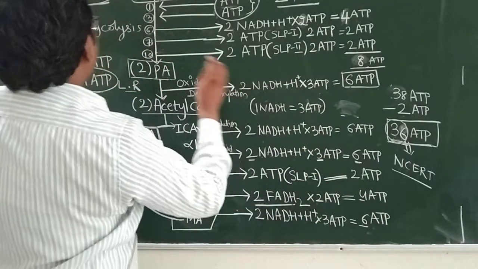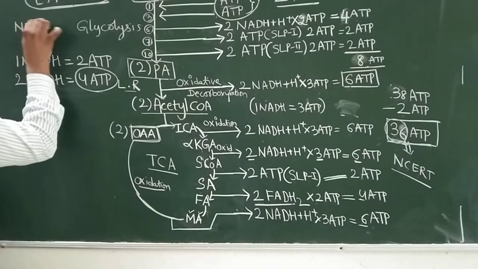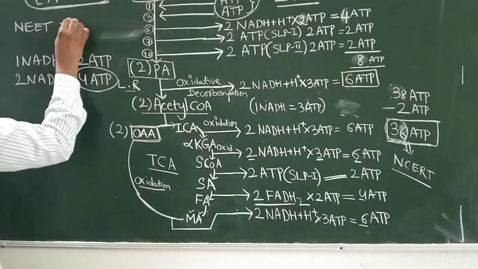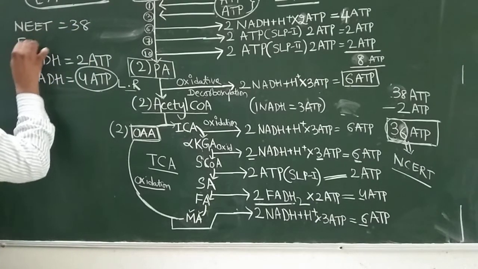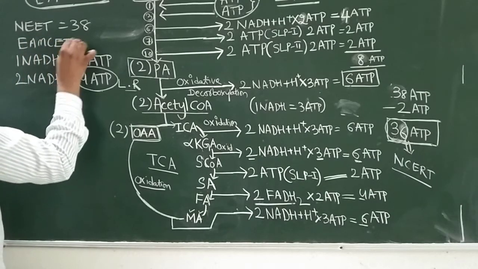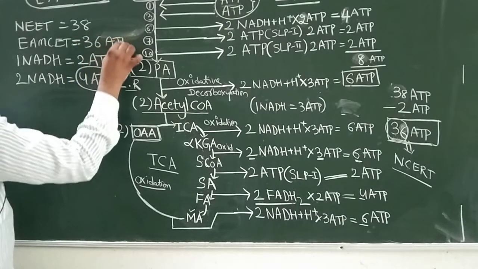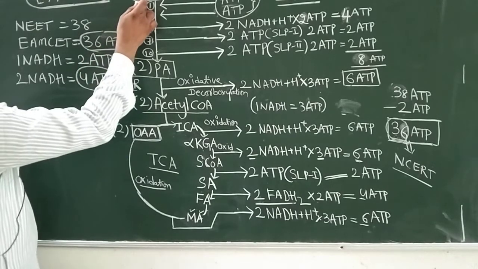So in the NEET entrance exams, total ATPs are 38. At the Telangana state MSET level, 36 ATPs are produced for one complete oxidation of the glucose.